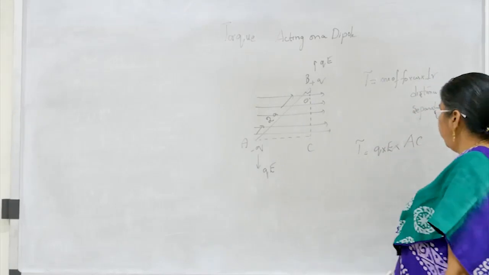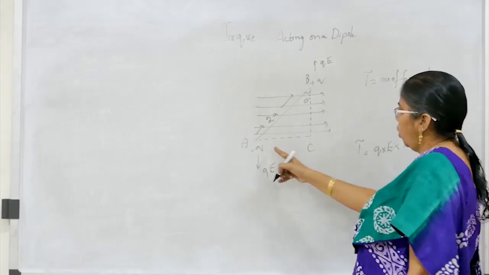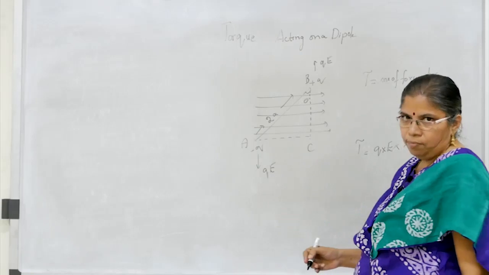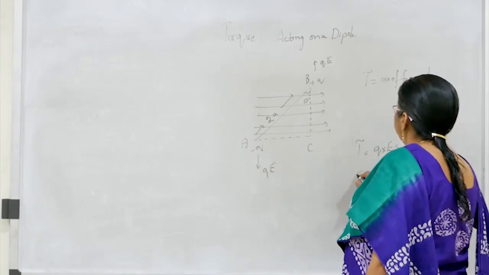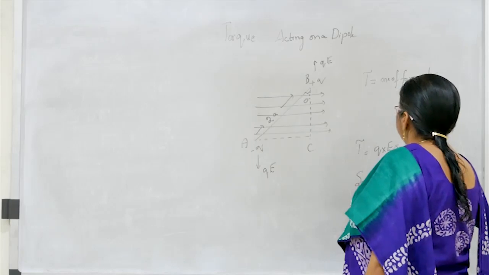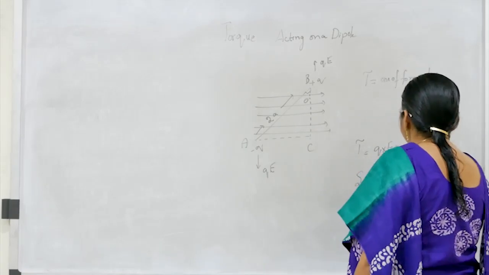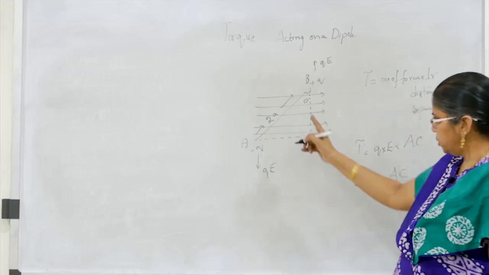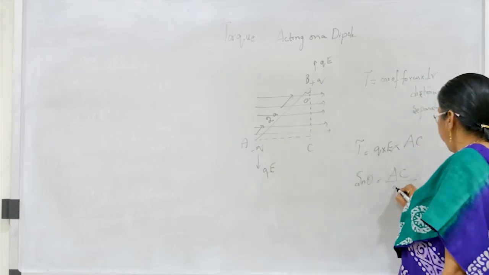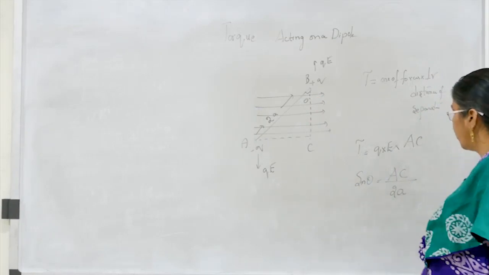Now how do I write AC? I want AC from the triangle ABC. So for that I take sine theta. Sine theta is the opposite side AC by the hypotenuse AB, which is 2a.